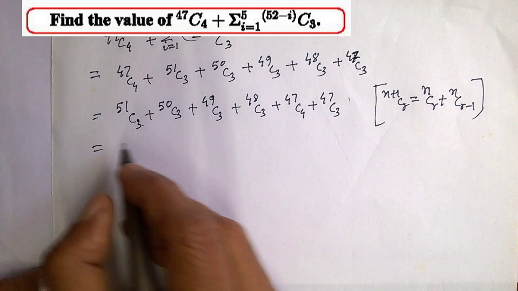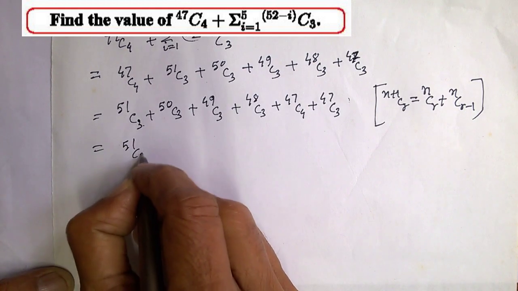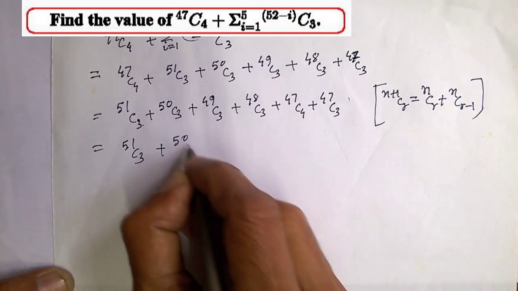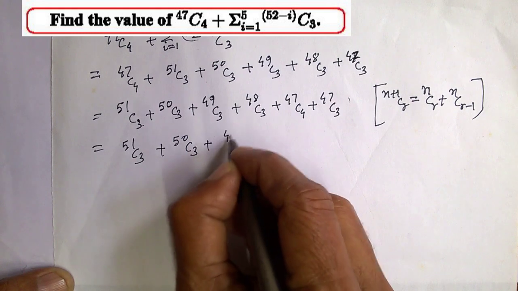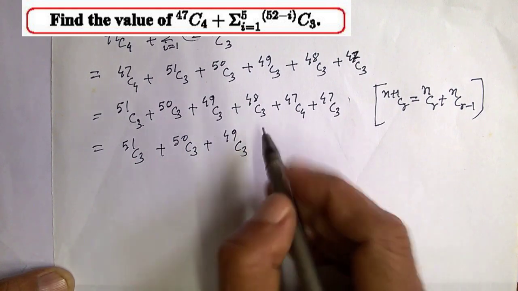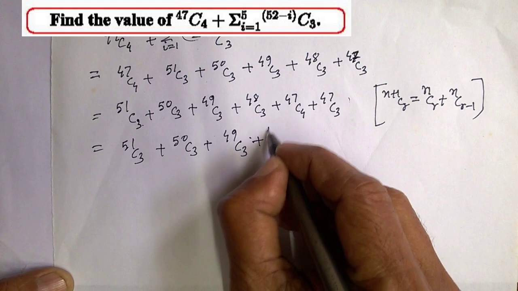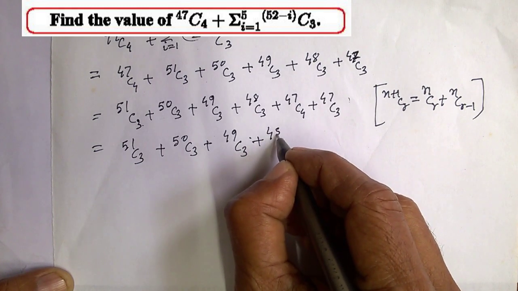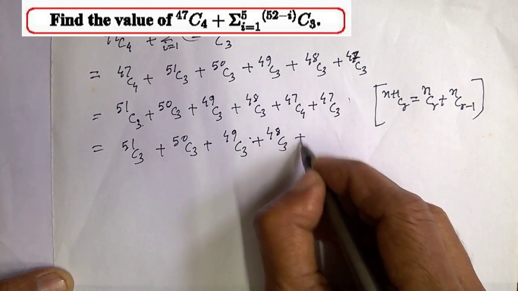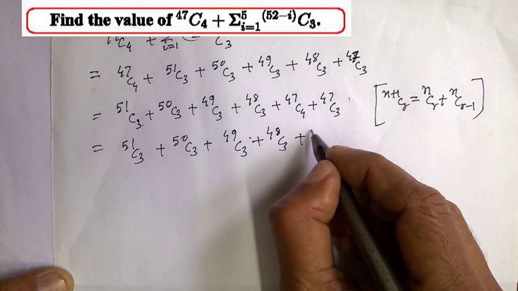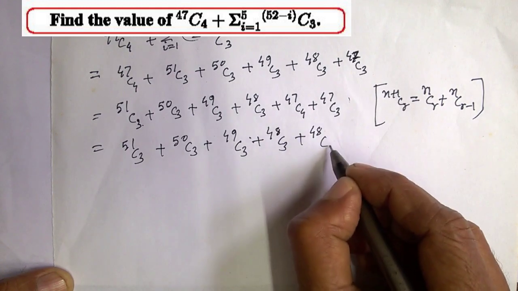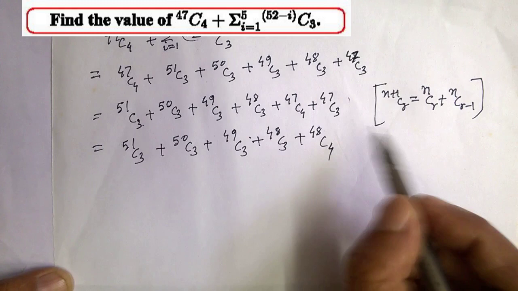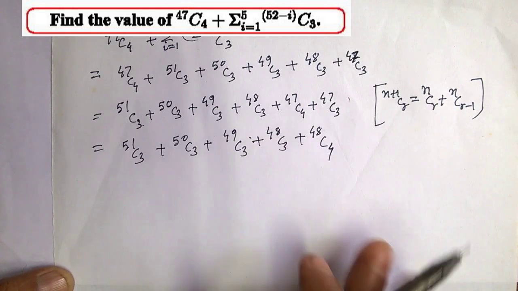Obviously, so using this formula we can write this as C4. Here R means 4.